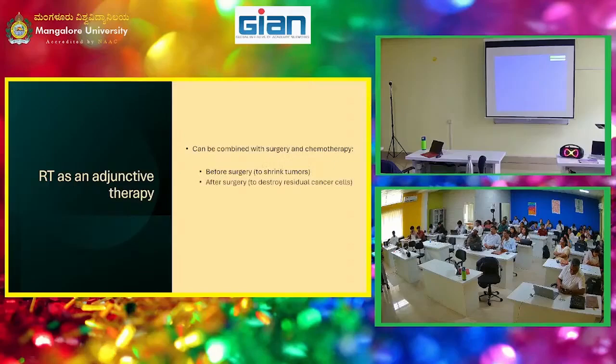So adjunct therapies, this is just standard now. Combining surgery, chemotherapy, and radiation therapy is pretty much, and I'm not an oncologist, but pretty much most cancers that I know of that have a tumor growth, you get all three. It's a combination of chemo, surgery, and radiation.